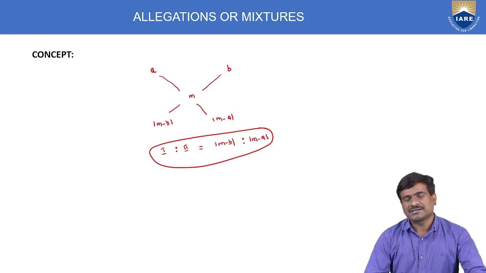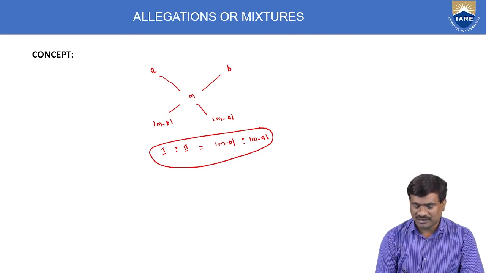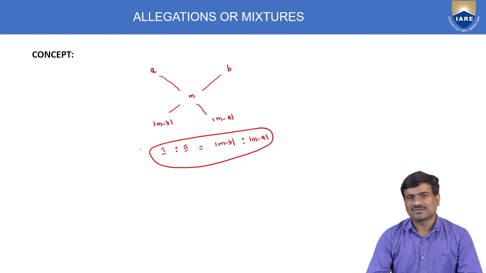All the problems in the allegation topic use only this one principle, M minus B is to M minus A.